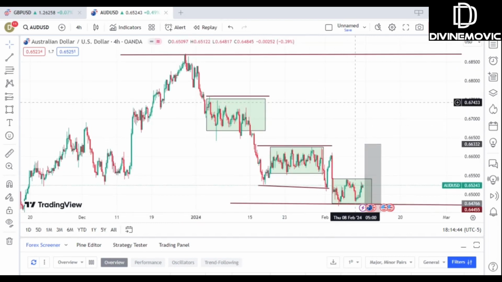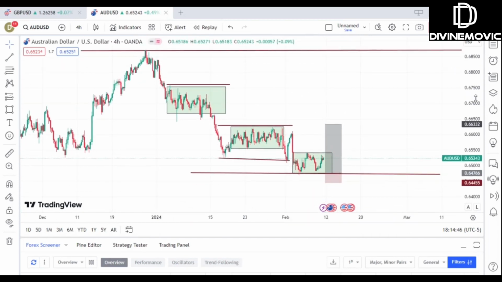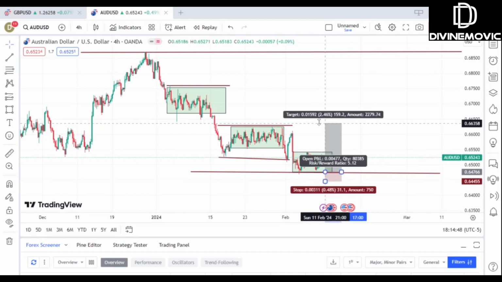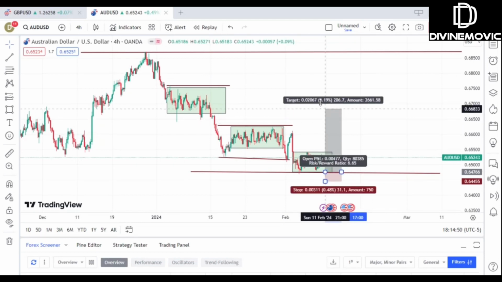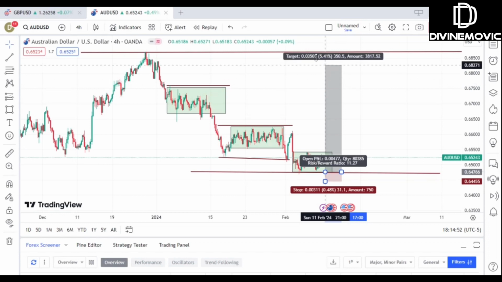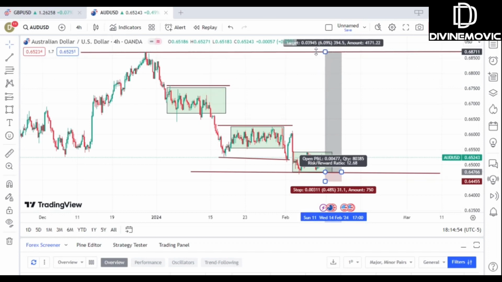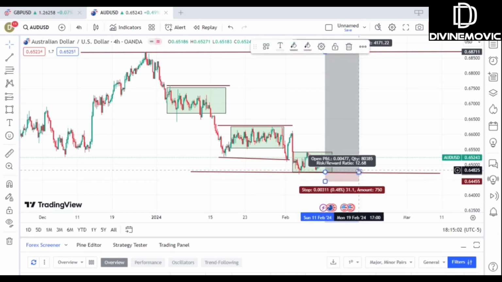So what I'm expecting price to do now is to simply take out this liquidity resting above this place, take out this one, and take out this one. So for this week, I'm simply going to be looking at a bullish signal for AUD USD because I'm predicting that price is going to simply take out the buy side liquidity.